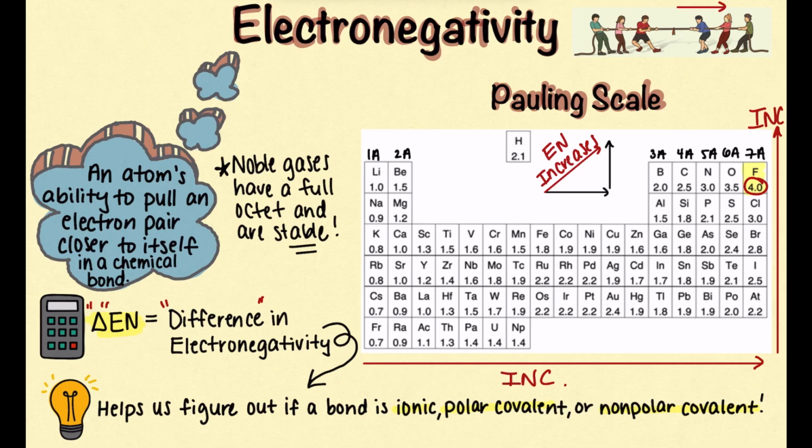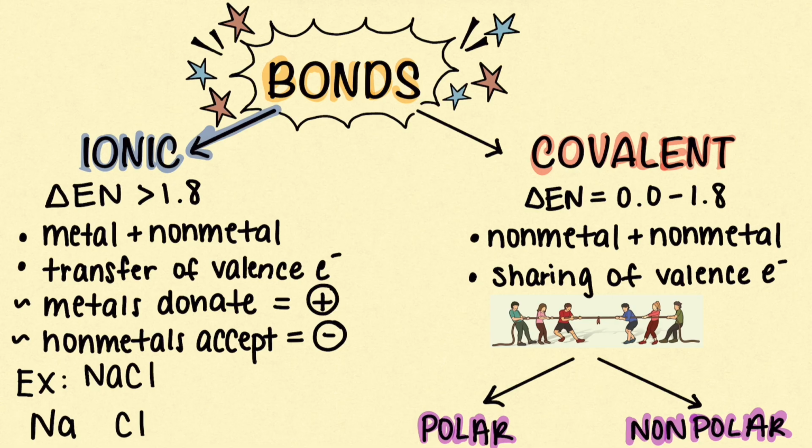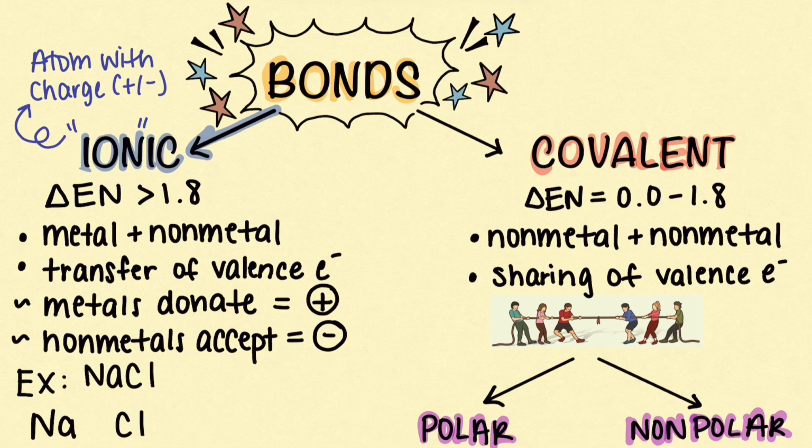Now let's talk about the first type of bond: ionic bonds. And you know what? You can hear it in the word ion. An ion is an atom with a charge, positive or negative. In an ionic bond, you have a metal and a nonmetal, and the metal is always written first. You see, sometimes students flip the order, but nope.